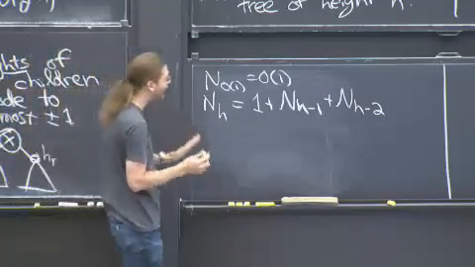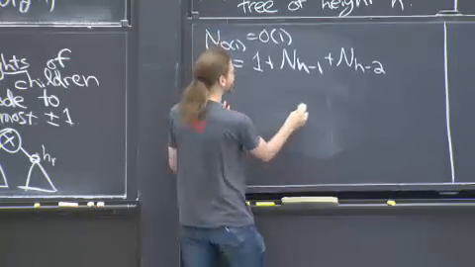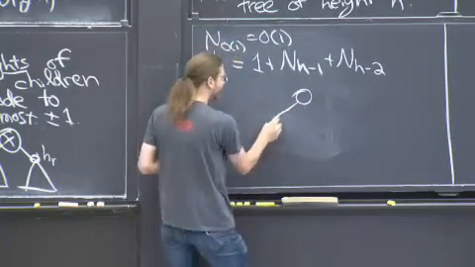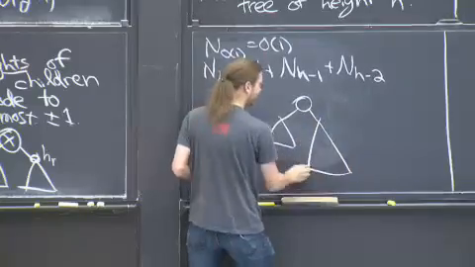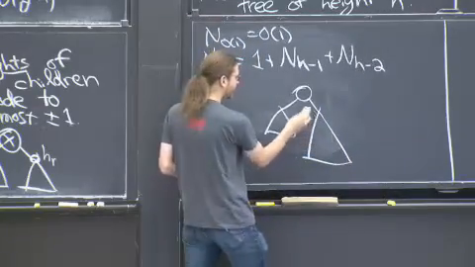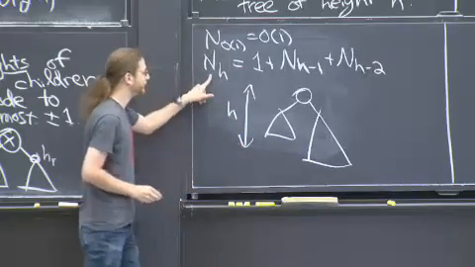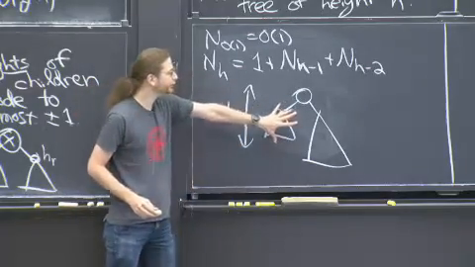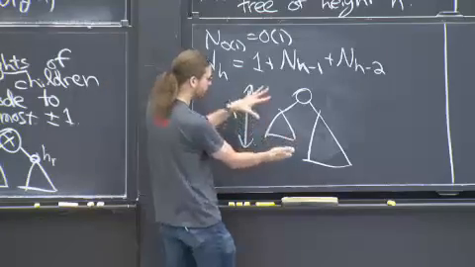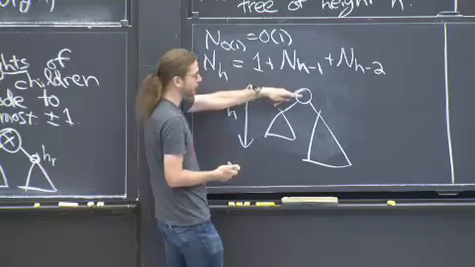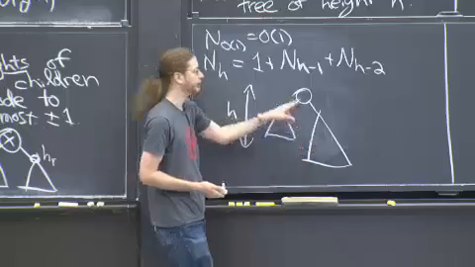Good. Okay, why? Because the one thing we knew is that our tree looks like this. So we've got total height here is h. That's what we're trying to figure out. How many nodes are in this tree of height h? Well, the height is the max of the two directions, right?